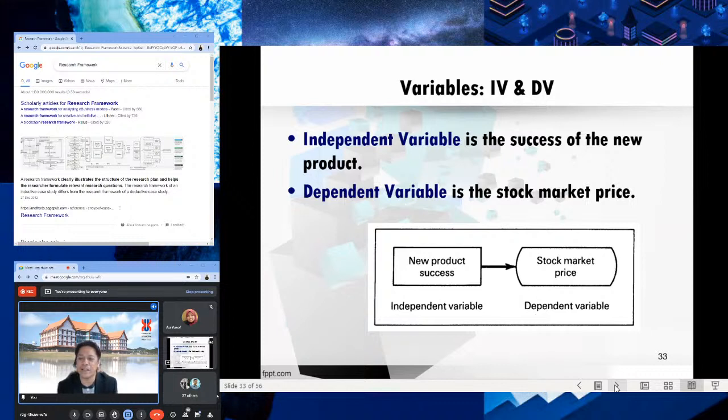Independent because it does not depend on anything from the statement. The success of a new product depends on several variables. There are a lot of dependent variables.